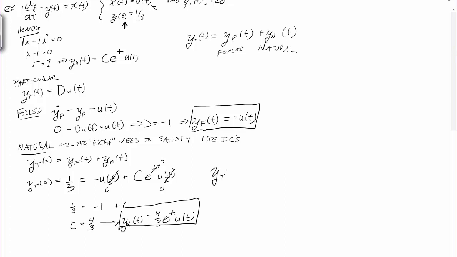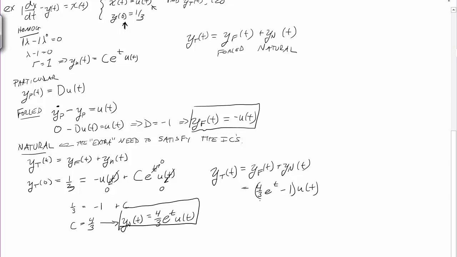So the total solution, the complete solution, will be the sum of the forced response with the natural response. So one way to write that would be 4/3 e to the t minus 1, all of that right-sided.